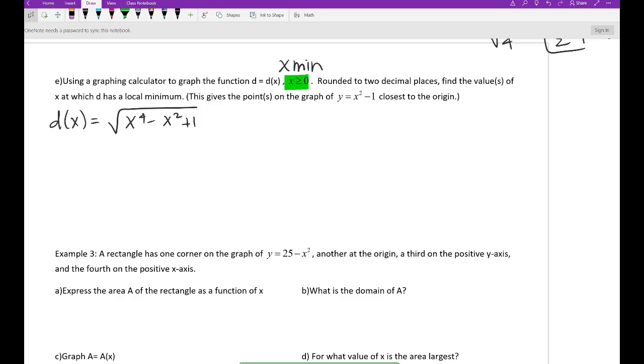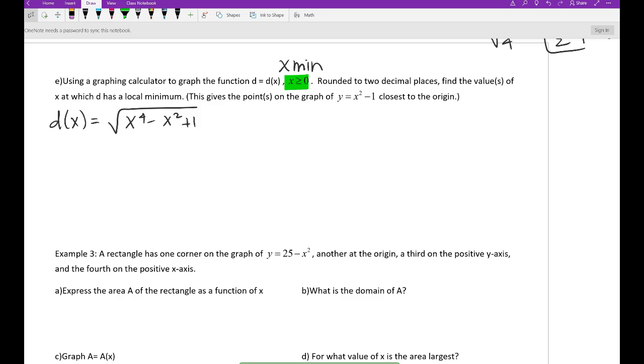Okay, so go to window, and then we enter our values. Go in the Y window. We don't have a max, right? Max is 7.